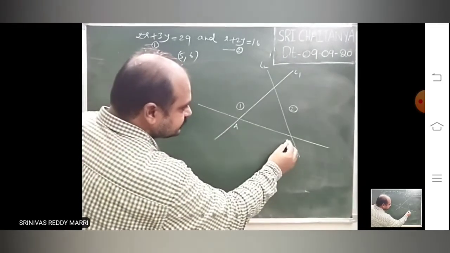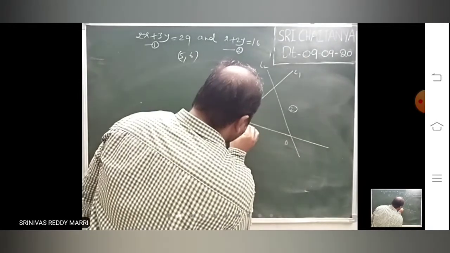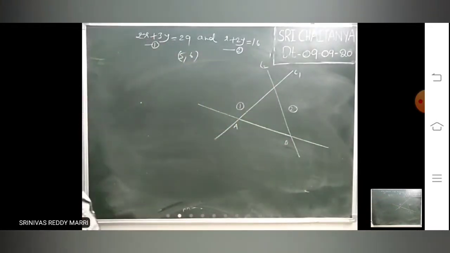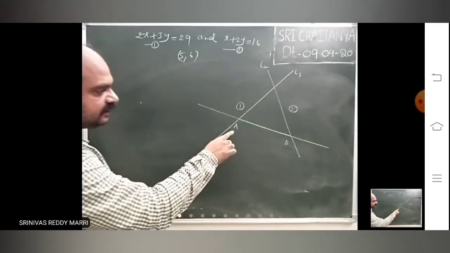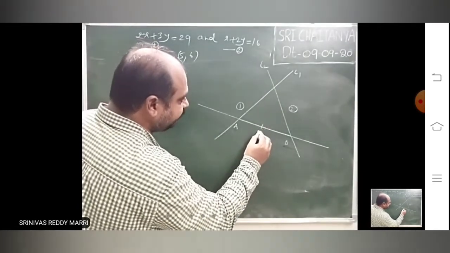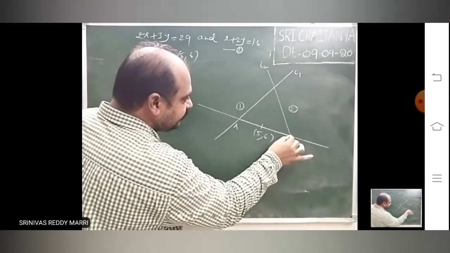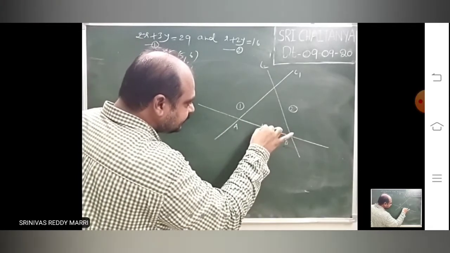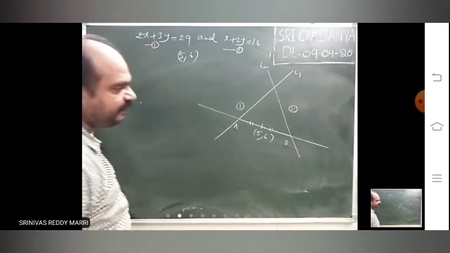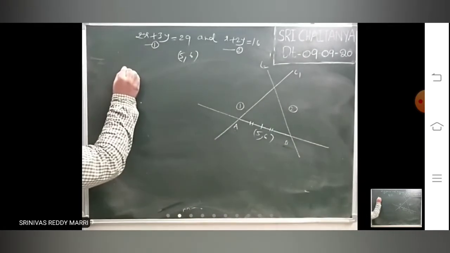Let us say this is A, this is B. This is called the segment intercepted between the lines. He is telling that this segment is bisected at the point 5 comma 6. Meaning, the midpoint of AB is 5 comma 6. So in this case, A lies on L1.